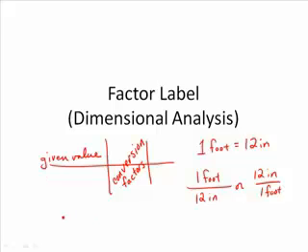So, for example, say I had 24, we'll do something really easy, 24 inches, and I wanted to know how many feet that is. So I want inches on the bottom because we want to cancel out the unit that we're moving away from. In this case, I have inches. I don't want inches. I want feet.